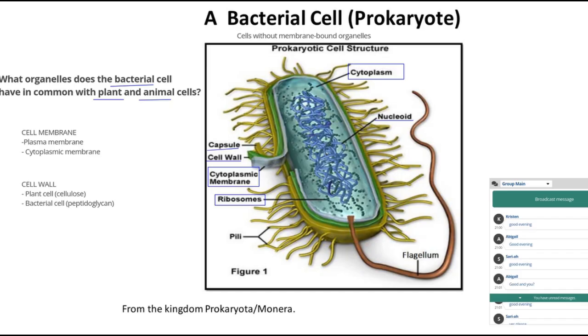So the capsule will serve as a little extra protective layer. Not that it's going to stop it from being eaten up, but it has this extra protection layer there. And then also helps to stop it from drying out. So in the event like the bacteria say they're found in the soil, maybe they don't have enough water, the capsule will help to prevent that dehydration from happening. So it serves a protective function overall.